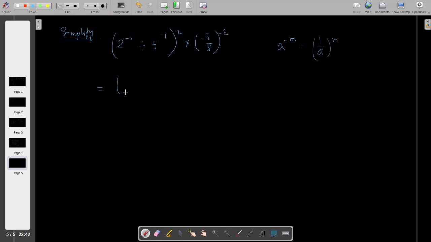So this one will become 1 by 2 to the power 1, so no need to write this power 1. Since this is also equal to 1 by 2 only, divided by 1 by 5, so to the power 2 into, here it is minus 5 by 8.